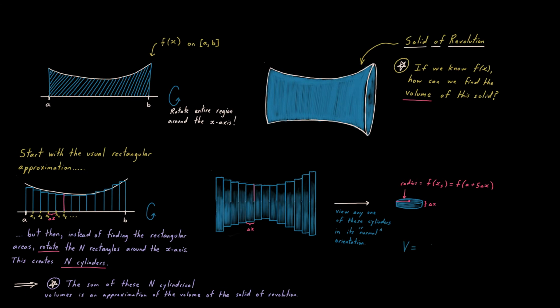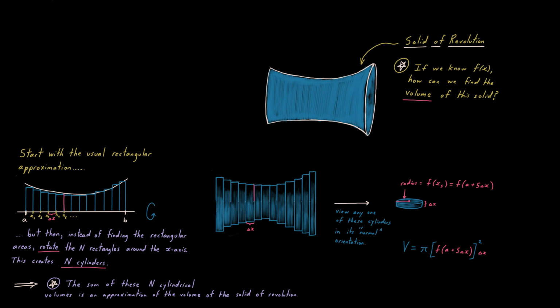So that's the radius in this particular case. So the volume of this, in this case, the fifth cylinder I picked out, is going to be pi times f of a plus 5 delta x, squared, all times delta x. And of course, I could have done that with the same process with the first cylinder, the second cylinder, the nth cylinder, and adding all those up gives me an approximation of the solid of revolution.